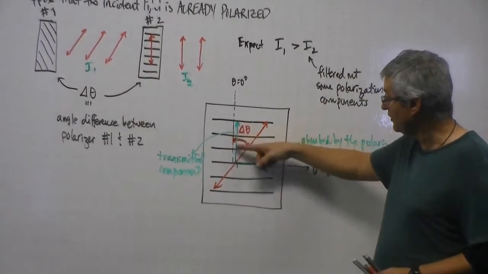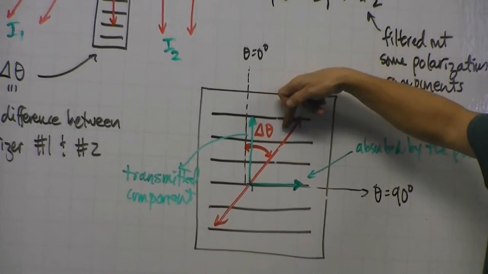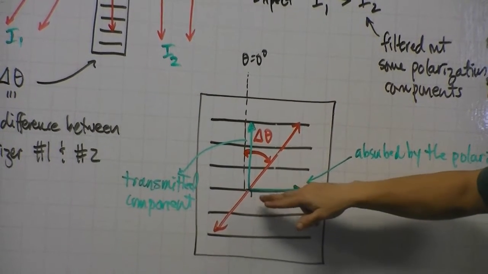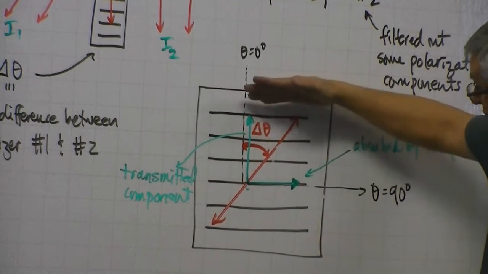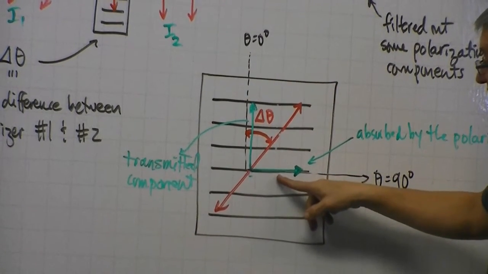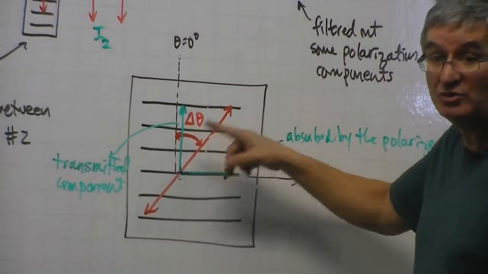If you look at the vertical component, it's what? It's the adjacent to the angle. If you look at the one that's parallel to the polarizer, that is opposite to the angle. So therefore, this guy's associated with the sine, this guy's associated with the cosine.